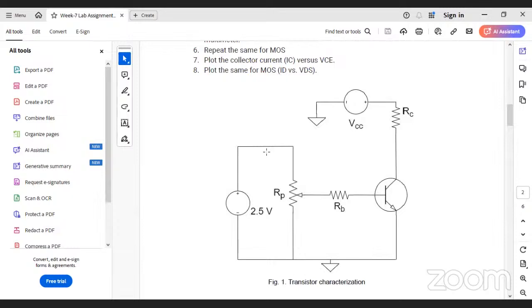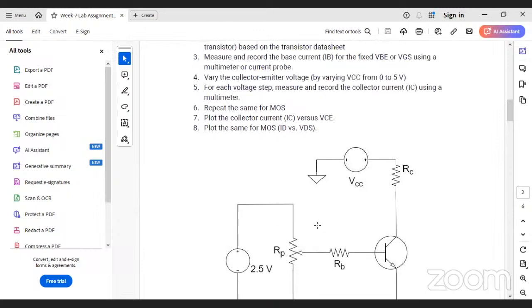Or you can use that transistor model number and find the data sheet by googling it yourself. Also, if you find any difficulty, please let us know. We'll try to find the data sheet and give it to you.